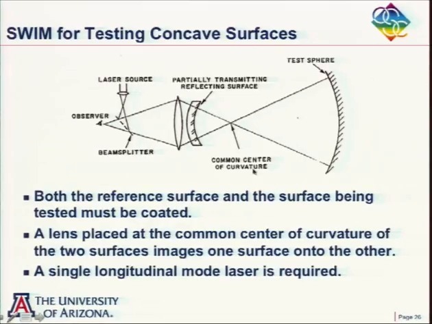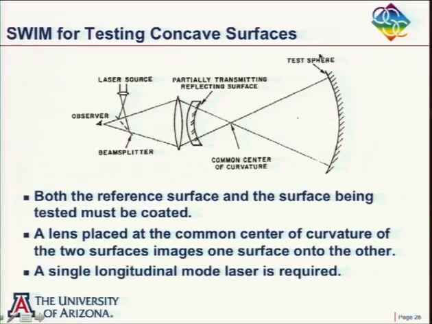But in the SWIM, it's a spherical wave, multiple beam. This looks a lot like the laser-based Fizeau interferometer. We have a laser here, light going in here. Here's our reference surface, and we have a lens, so the beam going through here is normal to this surface. And then they had a separate element with a spherical surface.